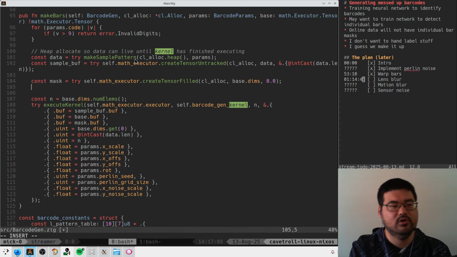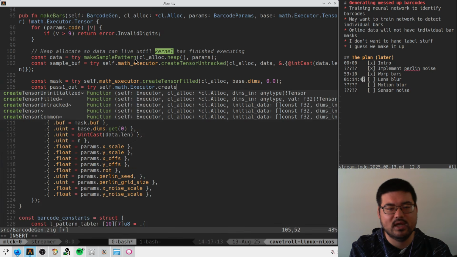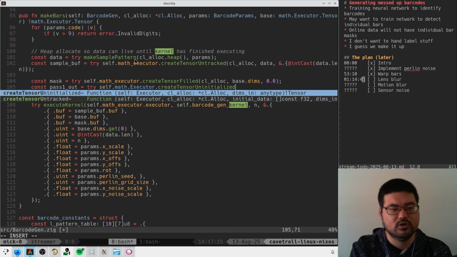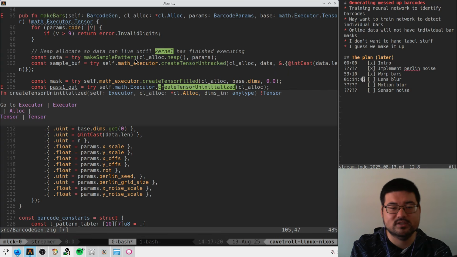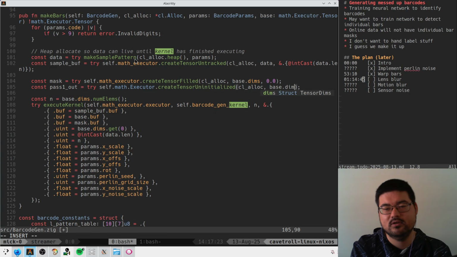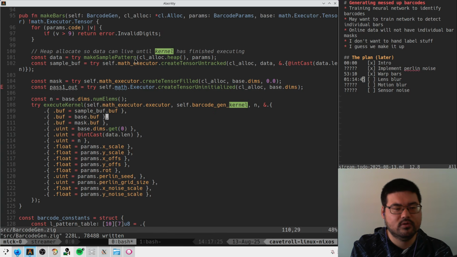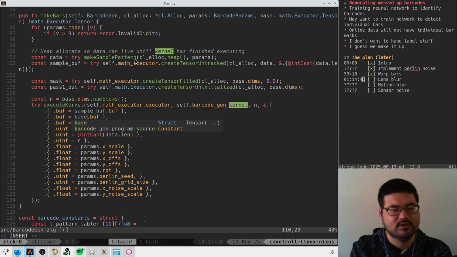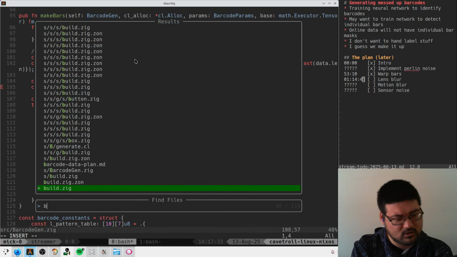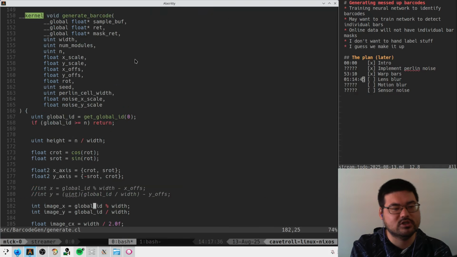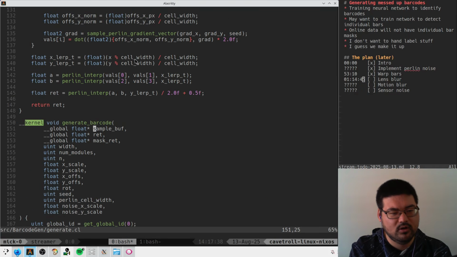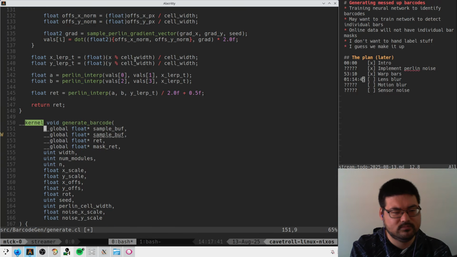So let's do pass one out is create tensor uninitialized, I think that's right. And its dimensions are just going to match the input dimensions. Which means that this barcode generator kernel should actually be sampling from image in.